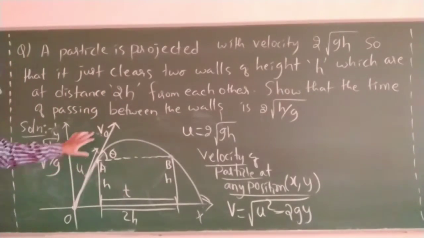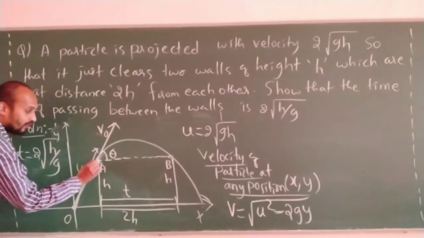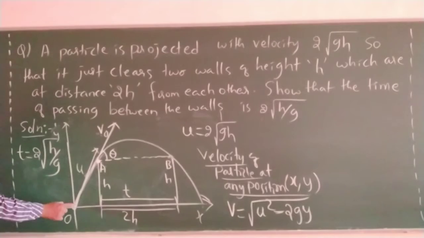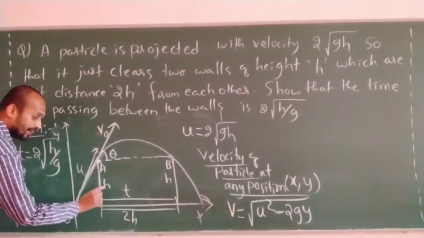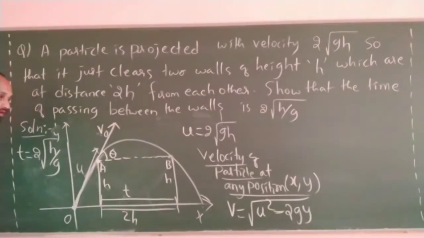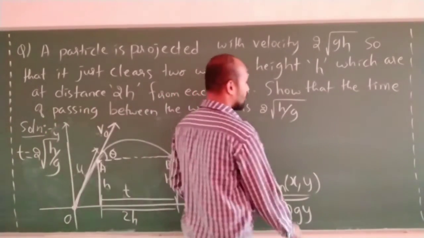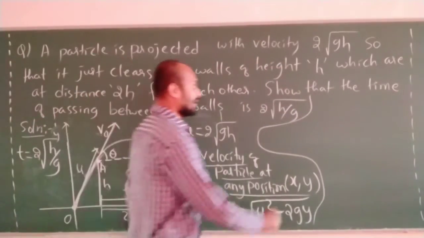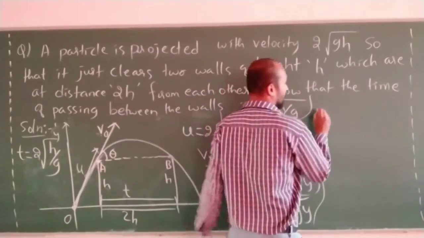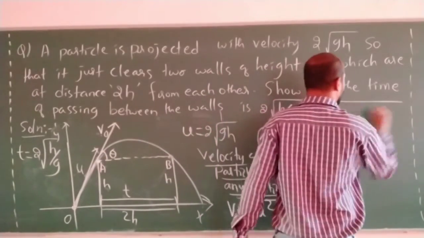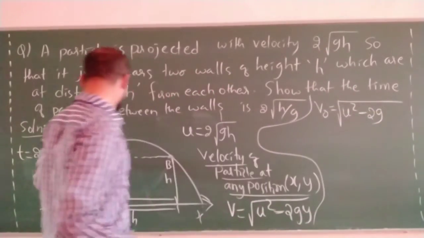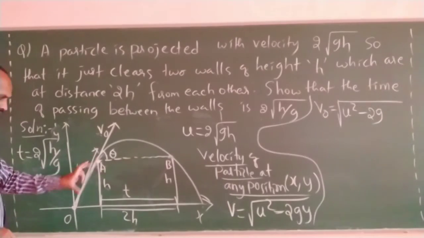From this formula, I am calculating the velocity at point A for this complete projectile motion for the initial velocity u. Now, what is the y coordinate distance? It will be h here. So, from this equation, I can write the final velocity V0 is equal to root of u square minus 2 into g into y.